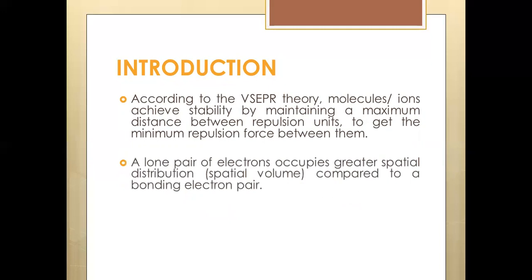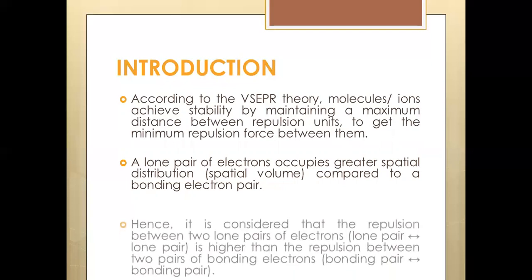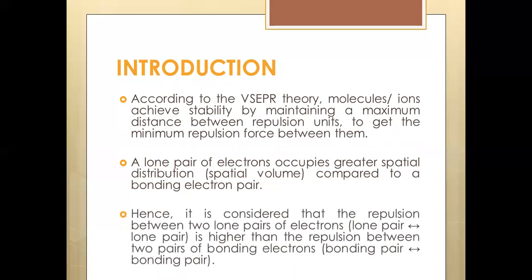A lone pair of electrons occupies a greater spatial distribution compared to the bonding electron pair. We have talked about the two types of electron pairs: one is the lone pair, another is the bonding pair. The lone pairs get a very large spatial volume compared to the bonding electron pair. So the repulsion between two lone pairs of electrons is higher than the repulsion between two bonding pairs of electrons.